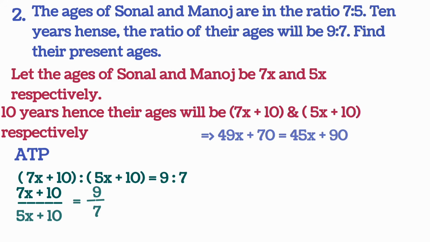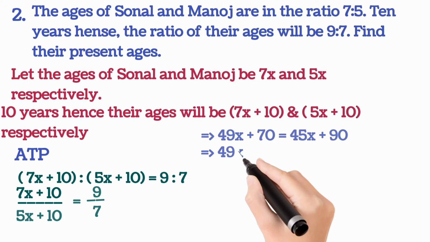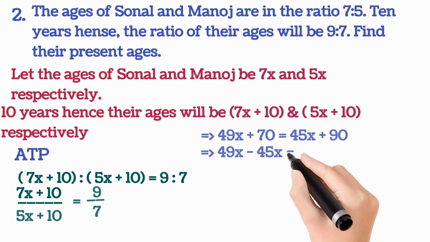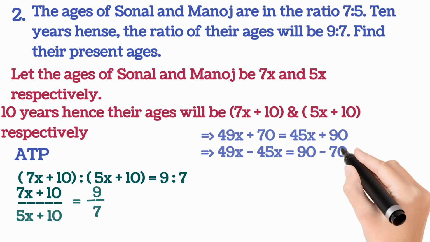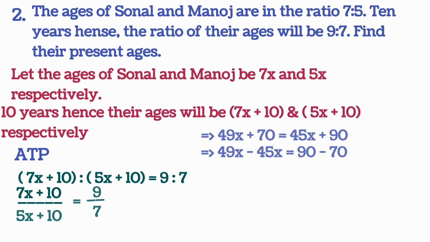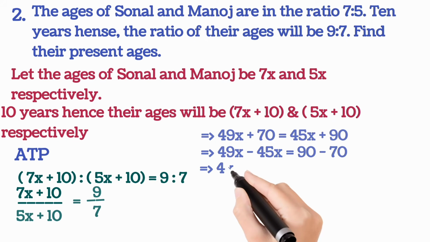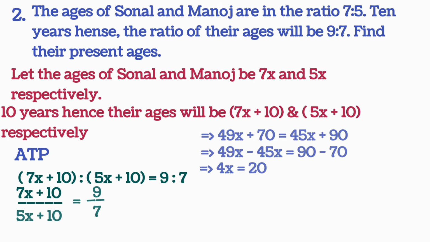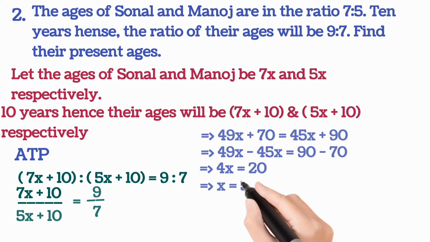Now we simply collect the variable terms on the left hand side, and the sign will change, you know. So 49x minus 45x equals 90 minus 70. I know you all can do the simple subtraction. You will get 4x equals 20. So x equals what? x equals 5. Yes, we got it.